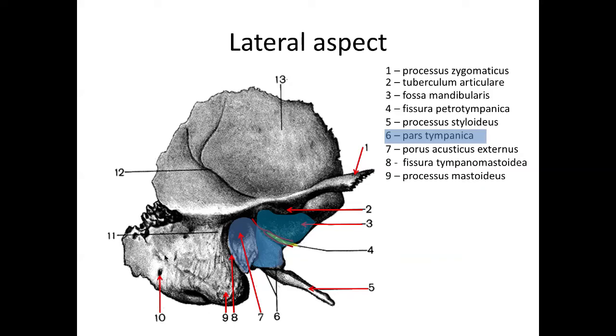Then number 10, foramen mastoidum. And number 11, spina suprameatica. This is spina suprameatica. And then number 12 is sulcus arteria temporalis.